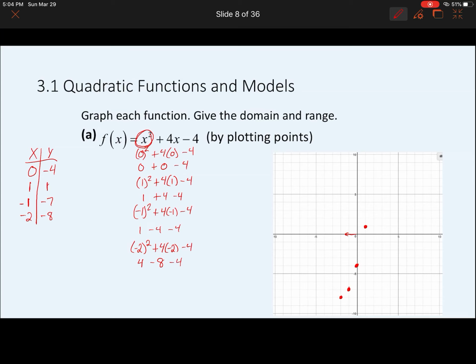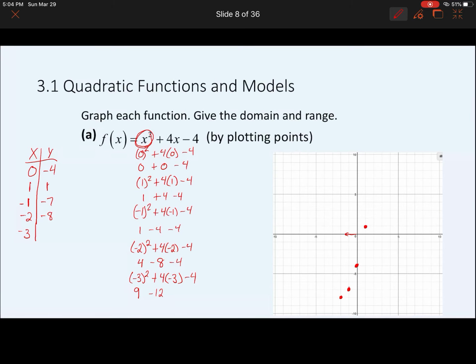Well, 4 minus 8 is negative 4. Negative 4 minus 4 is negative 8. Okay, so if we plot negative 2, negative 8, we're going to be here. Now you can begin to see this curve taking shape, but we haven't seen it go back up yet. And so we need to continue to go to our left with our x value.